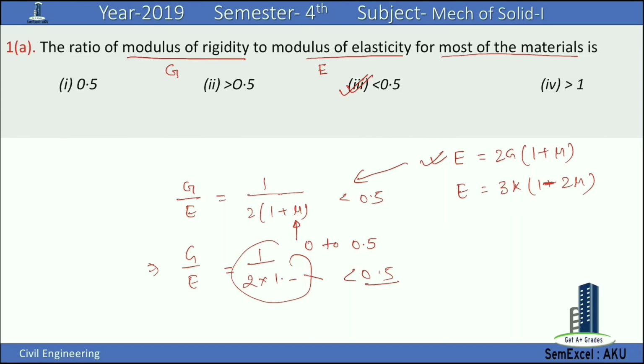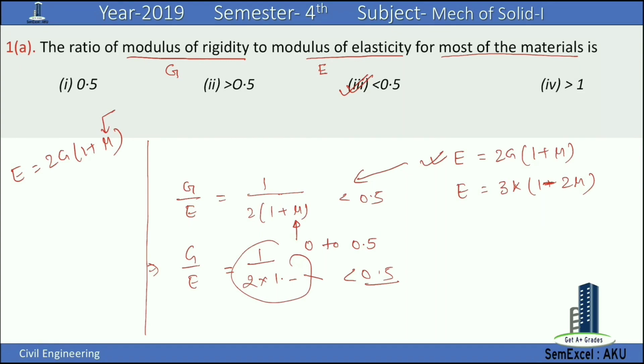Now I will discuss some of the concepts. This question can be asked in many ways and you can answer all the questions using some formulae. Here is the same formulae. E is equal to 2G into 1 plus mu.